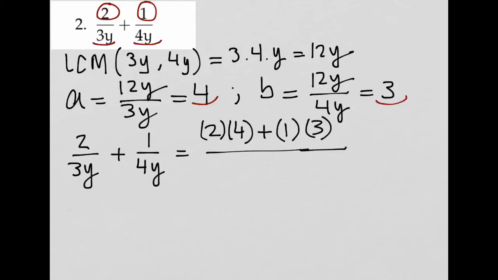And divide everything by the least common multiple of 3y and 4y, which we computed to be 12y. So the numerator is 8 plus 3, which is 11, divided by 12y. And that's the sum of the rational expressions 2 over 3y plus 1 over 4y.